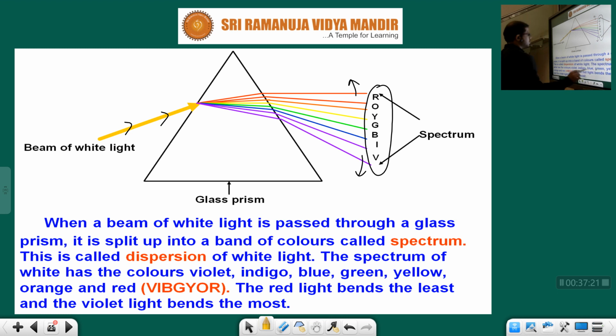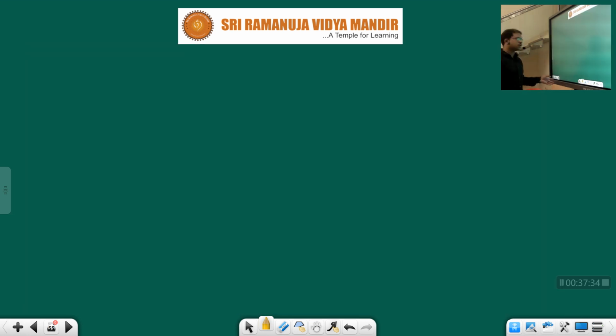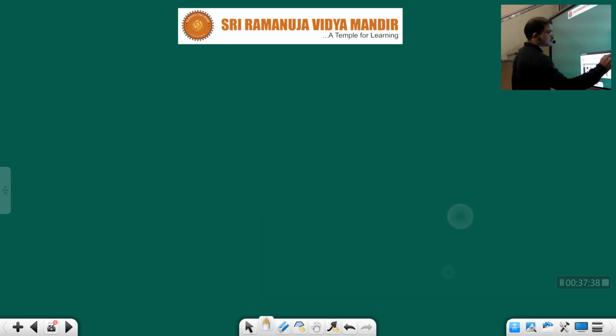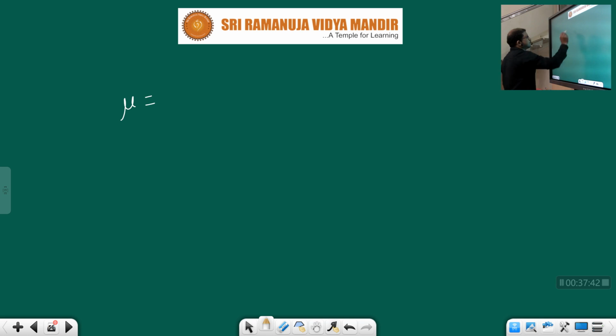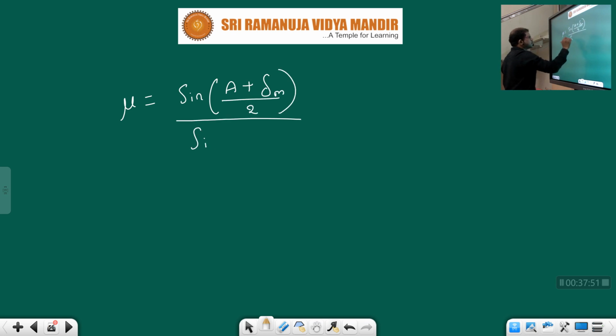This is also called what? Dispersion of light, dispersion of white light into a spectrum. Okay, so children, I already gave the formula derivation in the previous lecture. You can have a look at that. And the refractive index formula we got, children: mu is equal to sine of (A plus delta m) by 2, whole by sine of A by 2.